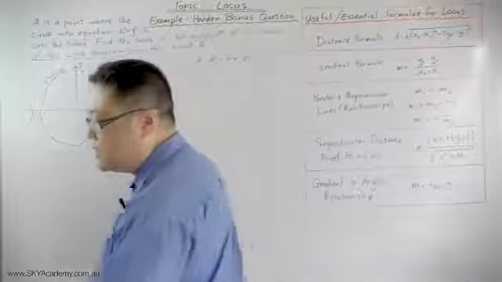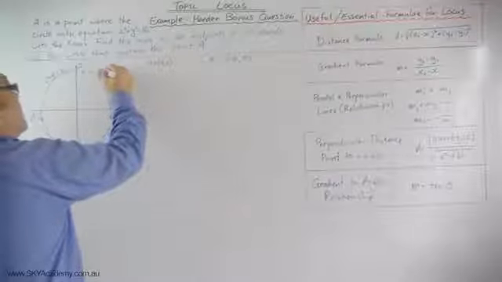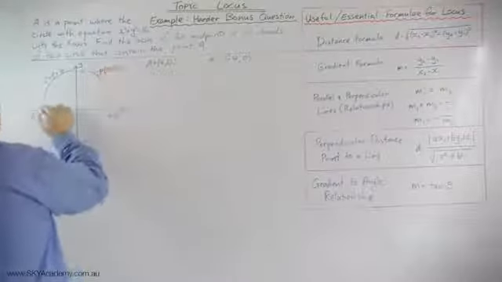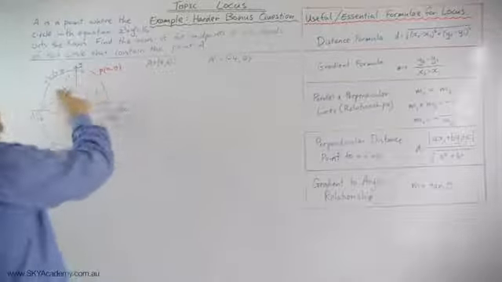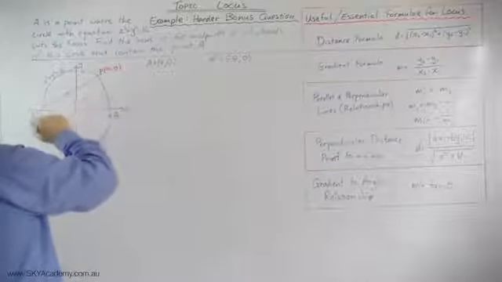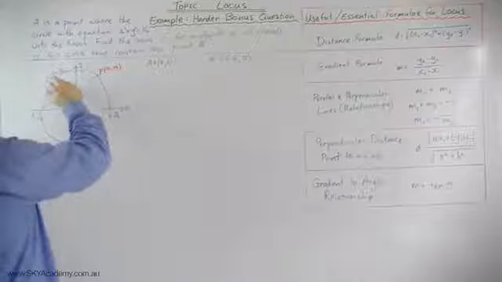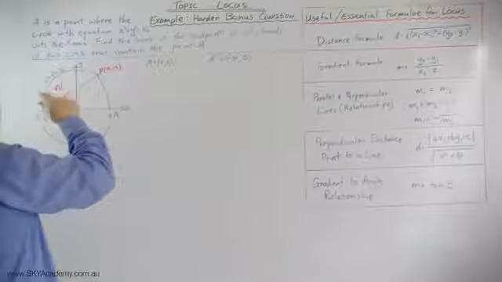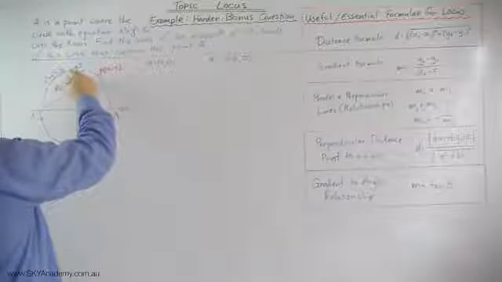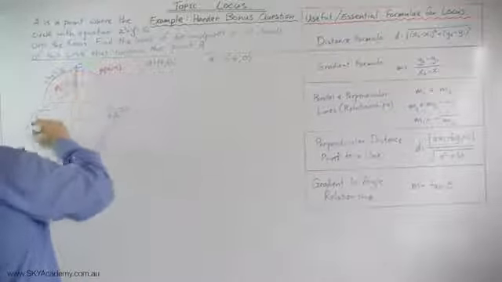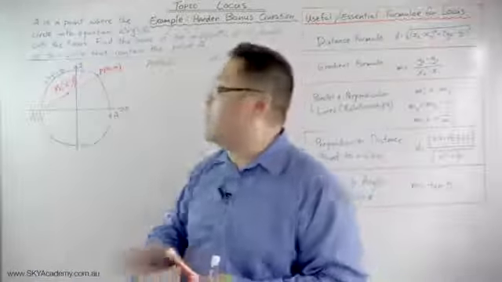So let's call that P(x, y). We're finding the midpoint of that chord, and let's call that midpoint M, with coordinates capital X and capital Y. So M is the midpoint of AP, or A dash P.